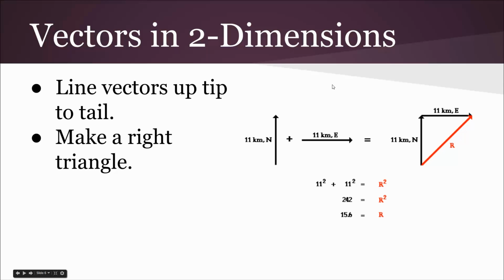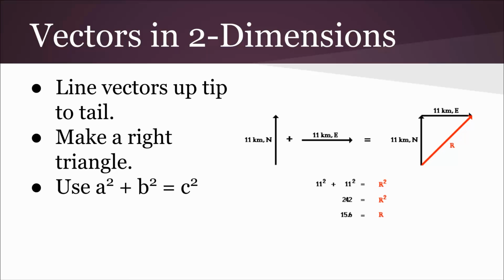You make a right triangle, and you're going to solve that with a squared plus b squared equals c squared. So in this case, this is actually displacement that you're looking at here. So this one went 11 kilometers north, 11 kilometers east, and so the resultant was a 15.6 kilometer resultant in a northeast direction. Okay.